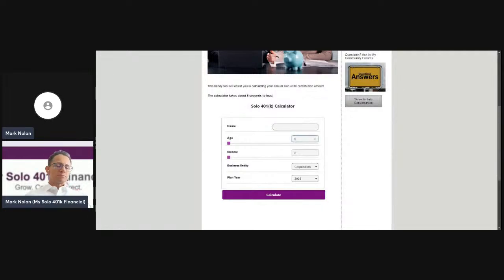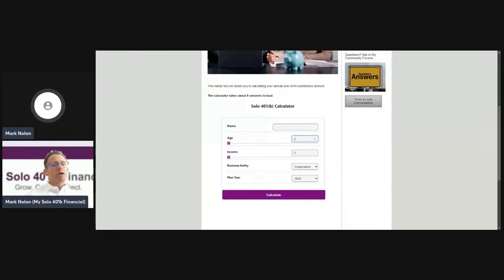So age, you don't need to put the age in because, again, catch-up contributions are not allowed to be applied as voluntary after-tax solo 401k contributions. And today's presentation is specifically geared towards maximizing voluntary after-tax solo 401k contributions.